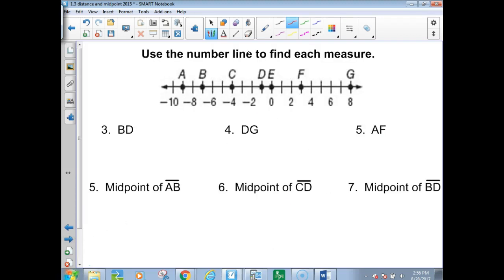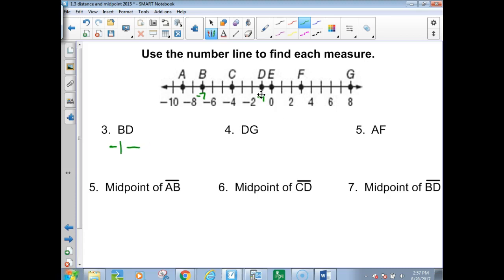All right. So let's use this number line to find each measure, and I am going to go faster now. Okay. B to D. If I find the coordinates of B, which are at -7, and the coordinates of D, which is at -1, it says this means distance, the distance from B to D. Since D is on the right-hand side on the number line, I'm going to start with that coordinate of -1. Distance is subtract. Okay, and a moment ago we were adding.